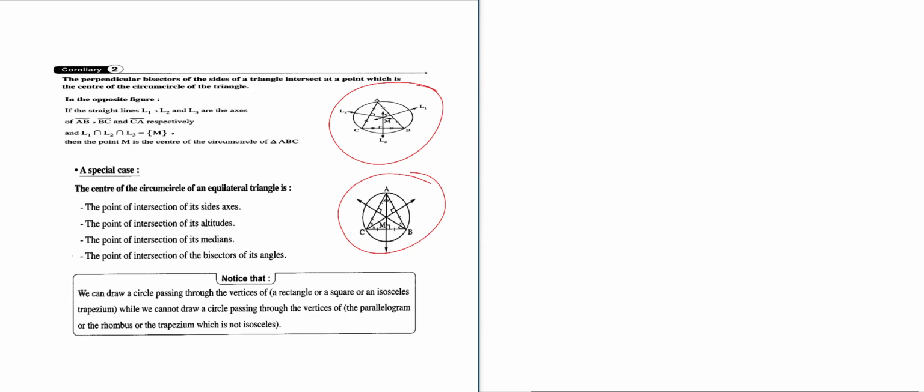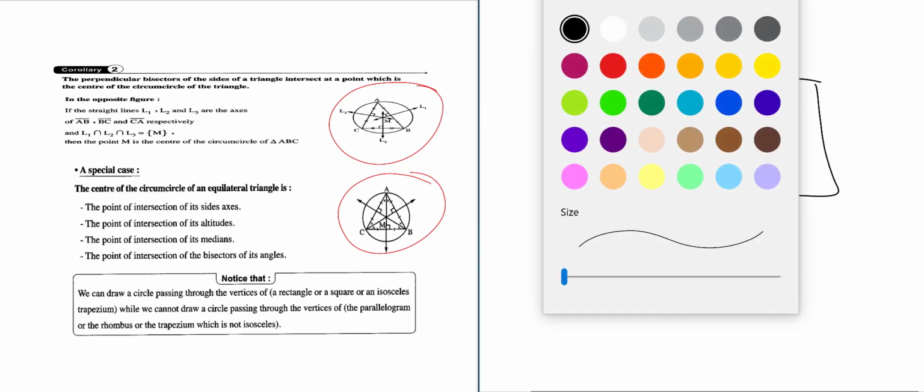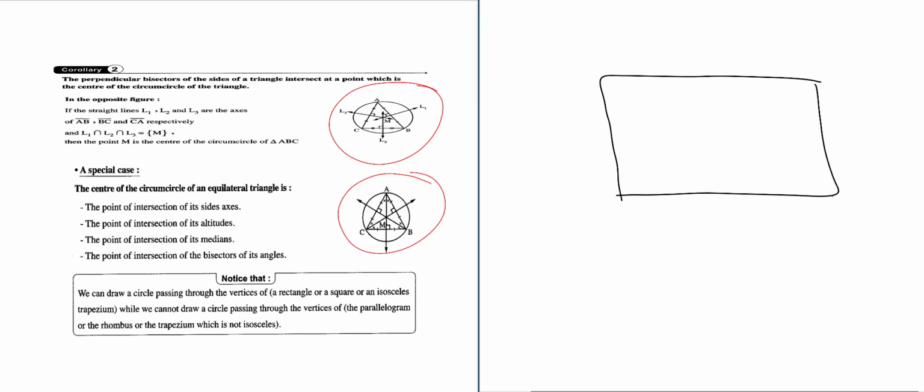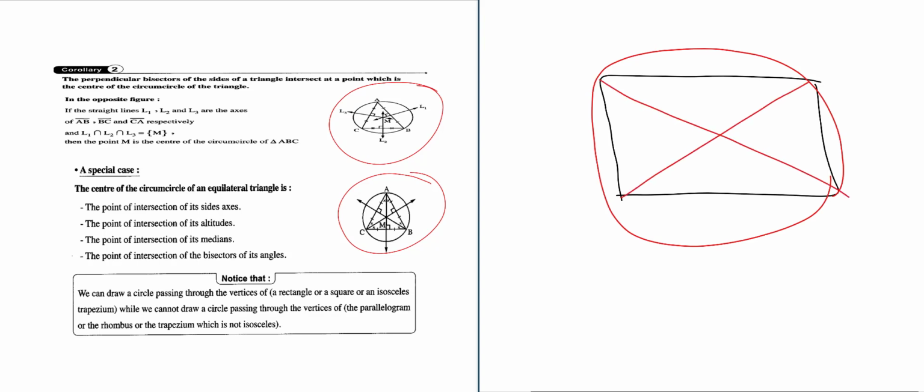Note that we can draw a circle passing through the vertices of a rectangle. Then the rectangle, we can draw a circle passing through its vertices, only one. The center of this circle is the intersection of its two diagonals, like this.